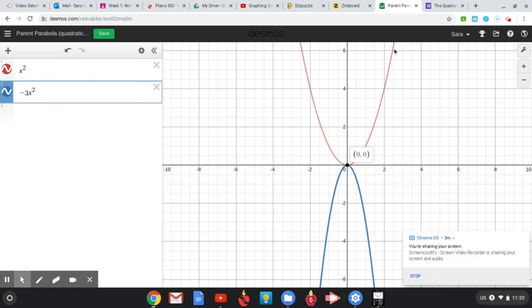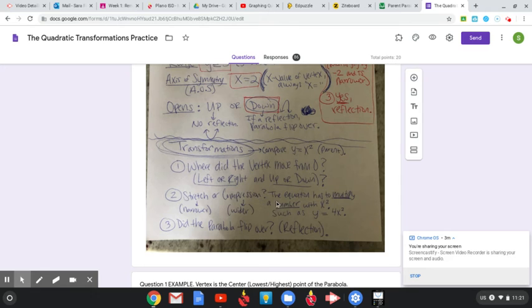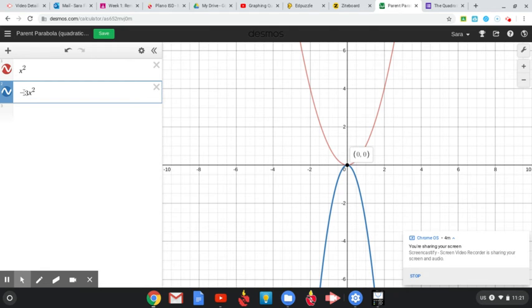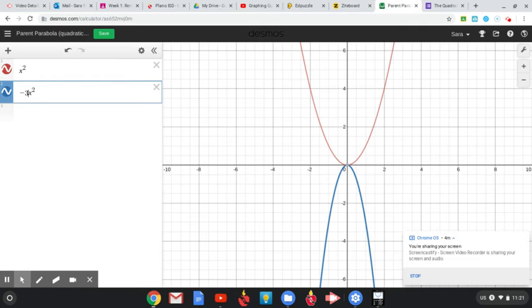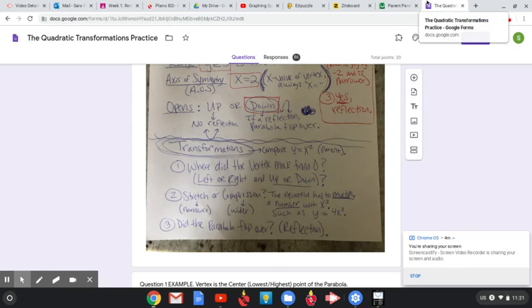So let's look at our question 2. The equation has to be multiplying a number. So let's see. Does this equation say negative 3 plus x squared? Is this negative 3 minus x squared? No, it's multiplying, right? So we can see that it could be a stretch or compression since it's multiplying a number in the equation.